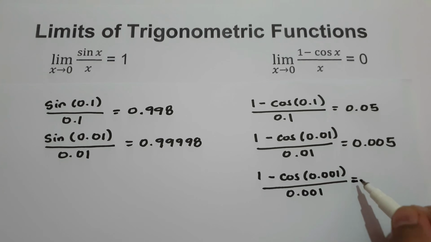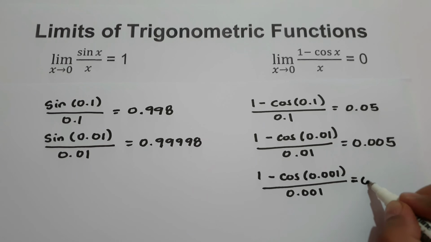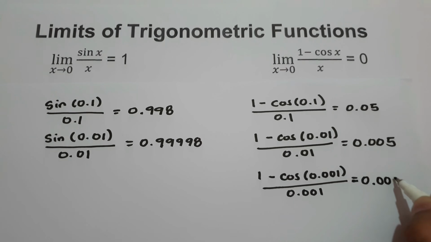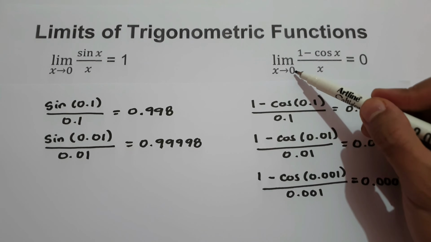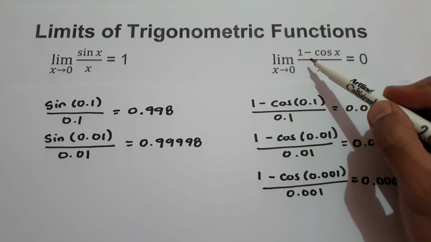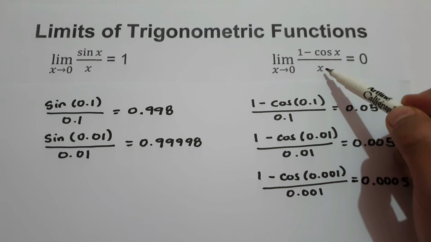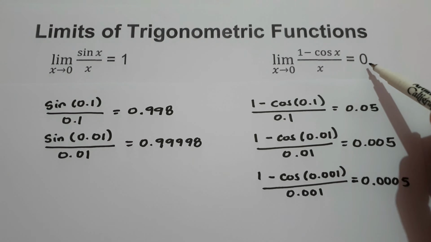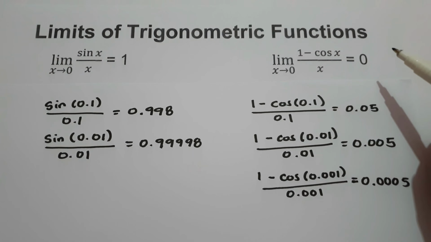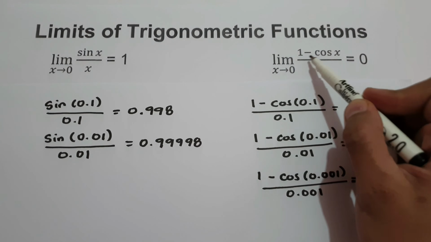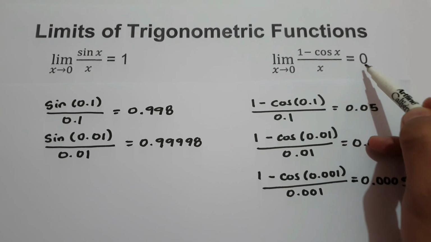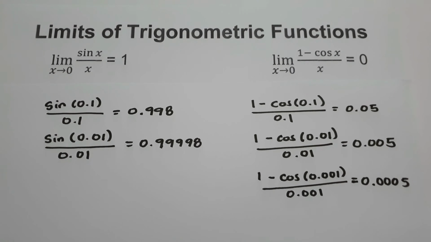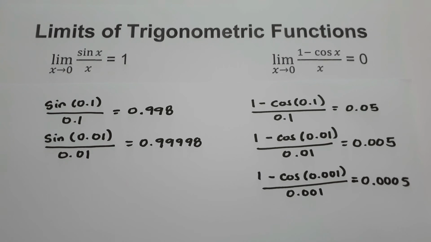If you are going to simplify this, you are going to have 0.0005. So as you can see, as x approaches 0, the function 1 minus cosine x over x approaches 0. So therefore, we prove that the limit of 1 minus cosine x over x as x approaches 0 is equal to 0. So let us use this information in order for us to evaluate limits of trigonometric functions.